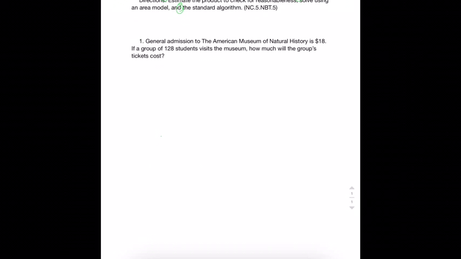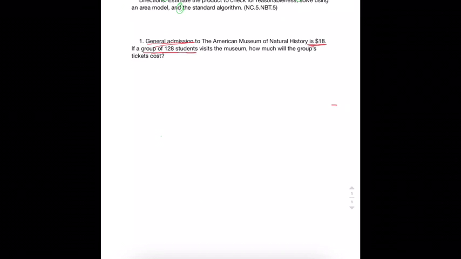General admission to the American Museum of Natural History is $18. That's important information there. So I'm going to go ahead and underline that $18. If a group of 128 students visits the museum, how much will the group's tickets cost? So that next important piece of information there is 128 students.